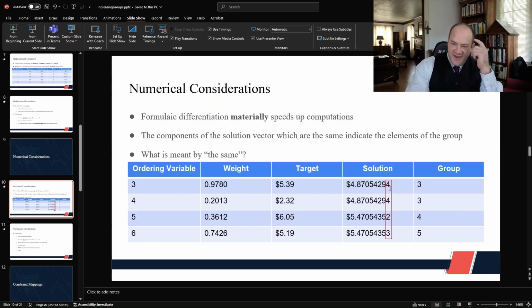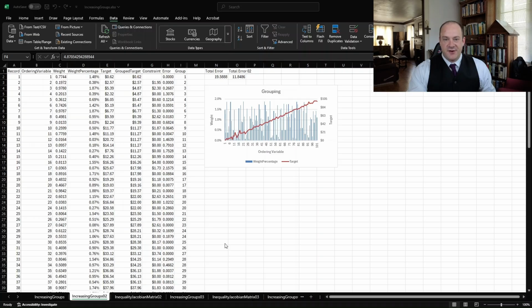At the 8th decimal point, records 5 and 6, things change. They're no longer, quote, the same. That's highlighted in the PowerPoint, but you see it here directly in the Excel: when you look at records 5 and 6, things are different there at the 8th decimal place.